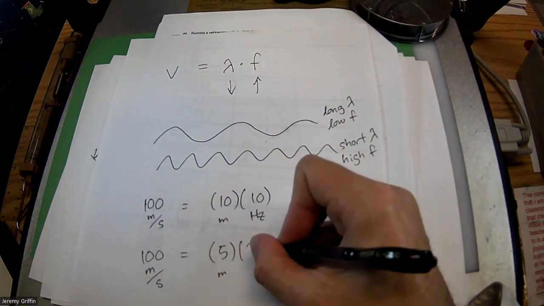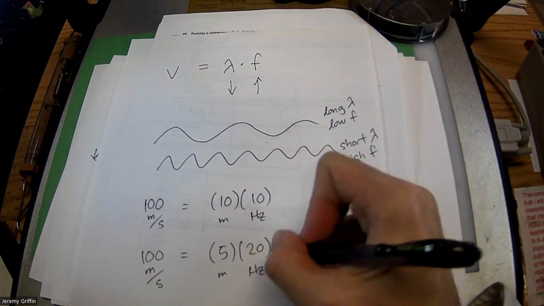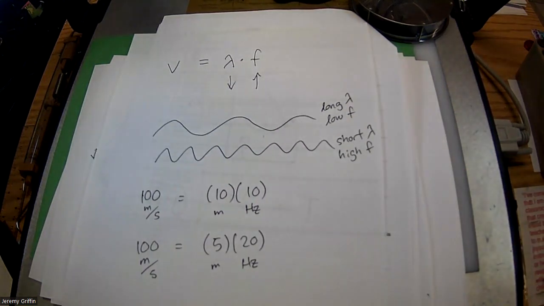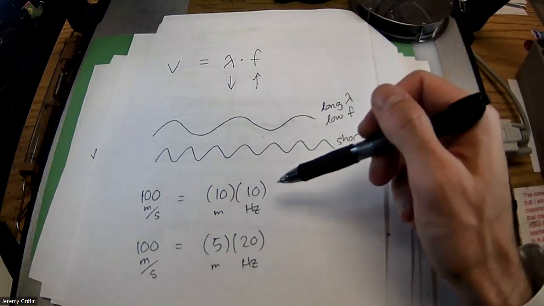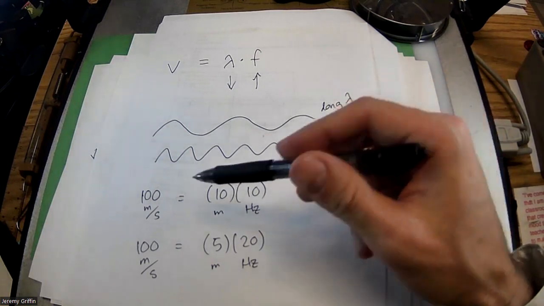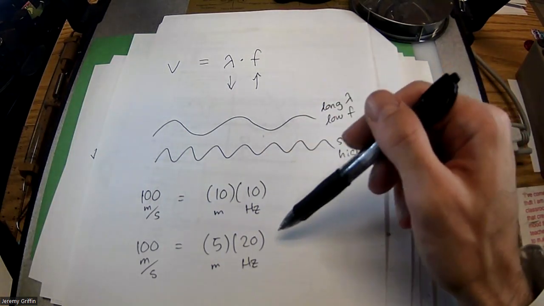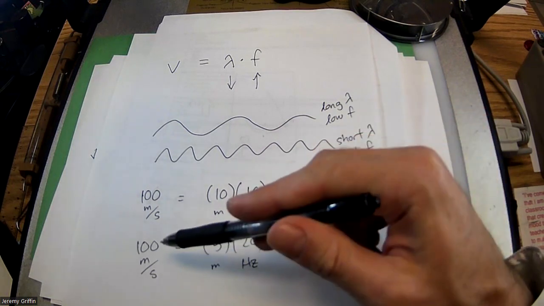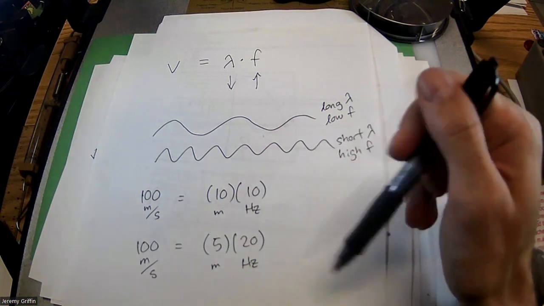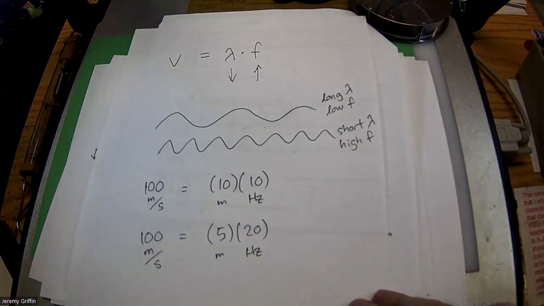Now the frequency is going to be 20 hertz to make it go at the same speed, because whatever the wave, it has a set speed for that medium. If I talk in a low pitch voice, the sound is still going at the speed of sound. If I talk in a high pitch voice, it's still the same speed, just different frequencies and different wavelengths. You get that?